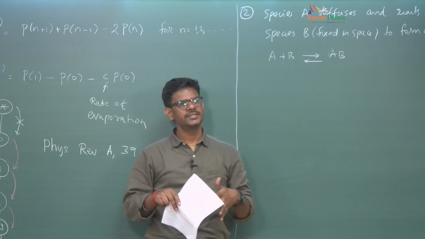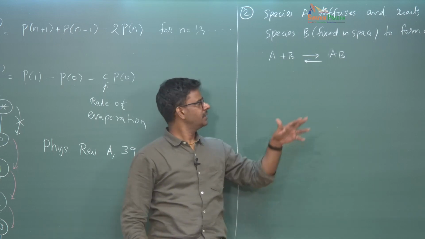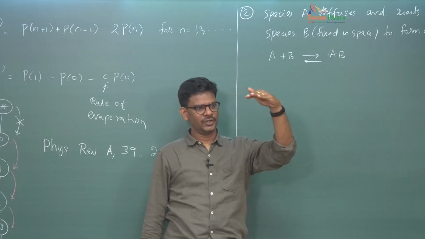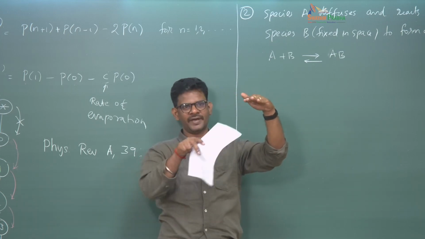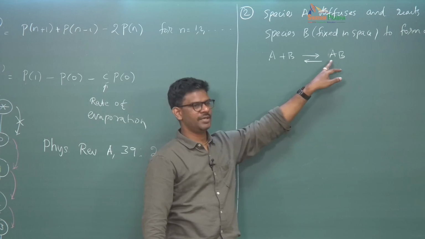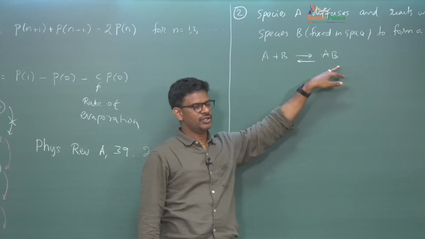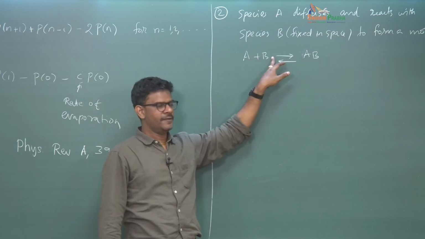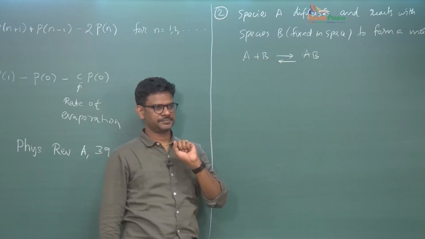We are talking about a case where A is diffusing and then it reacts with B, but B is non-diffusing. B is actually kept at a particular location. So, A has to diffuse and find B, then this reaction to AB will happen, and then you can also have this AB splitting into a free molecule of A and a free molecule of B, then this A can diffuse backwards.